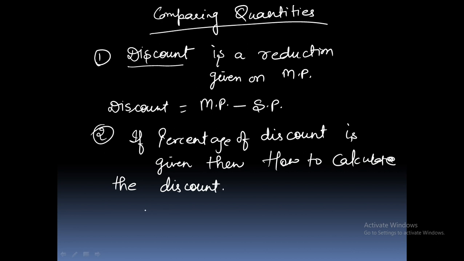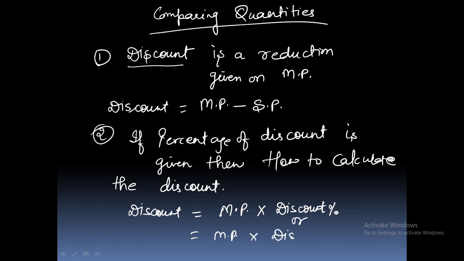For calculating discount, we use this formula. Discount is equal to market price multiply discount percentage, or you can write it like this: discount over 100.